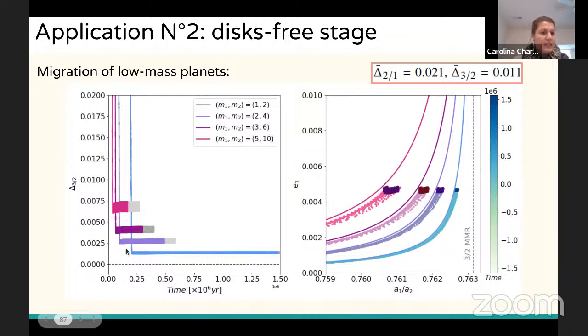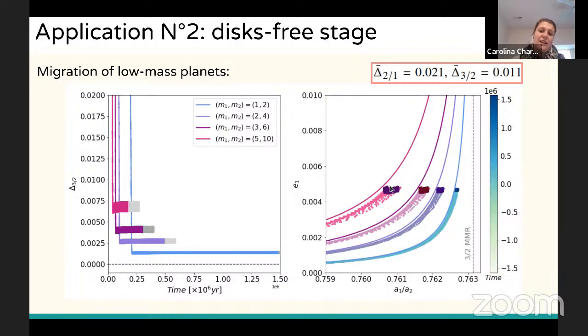And so we see that for different masses, we reach different values of the offset, so the distance to the resonance. And normally you would say that this is the offset from the resonance, because here is the exact position. In this case it is the 3 to 2. But if we plot the pericentric branch, as we did, because we can do this for two planets, we can have the pericentric branch of the resonance for each of these masses, and we see that the planets are in fact following their pericentric branch, but each branch is different for different masses.